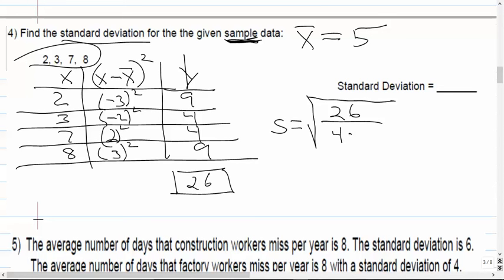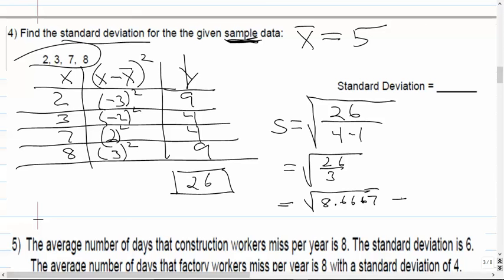I'm going to subtract 1 from that. If you take and plug this into your calculator, 26 divided by 3, and take the square root of that, which is an exponent of 1/2, you should get the square root of something like 8.6667. Keep at least 4 places.